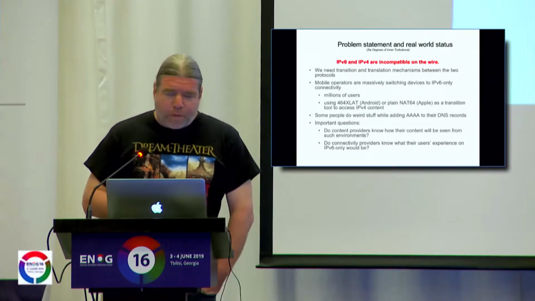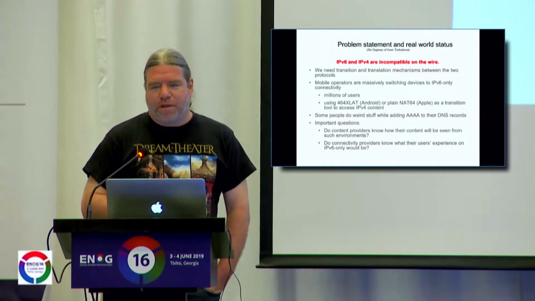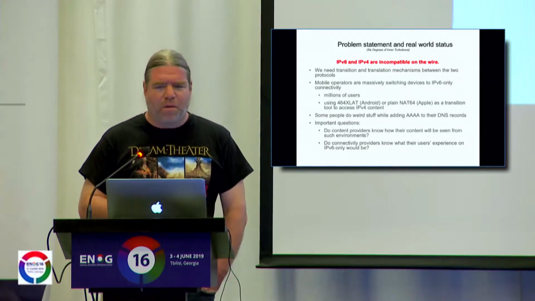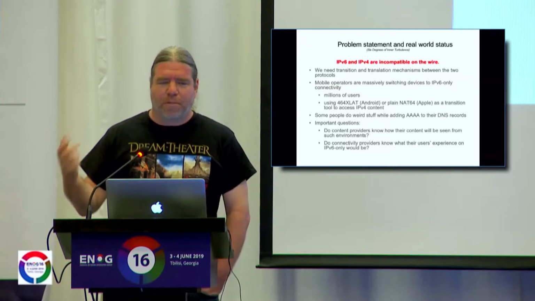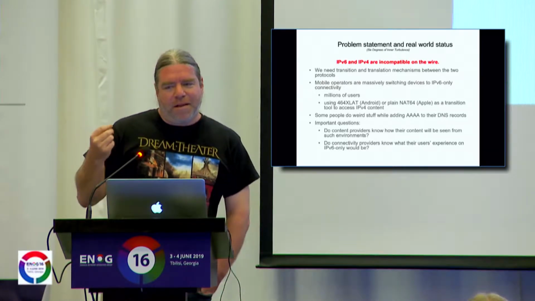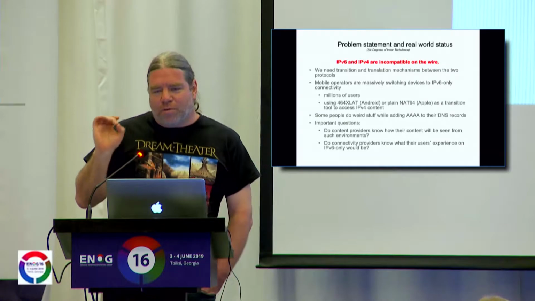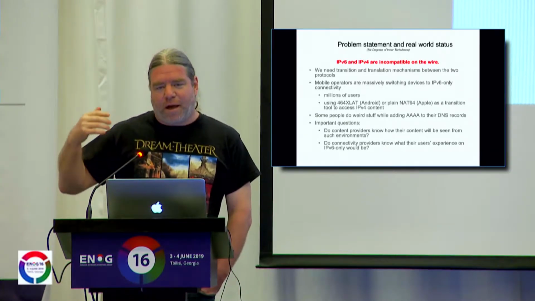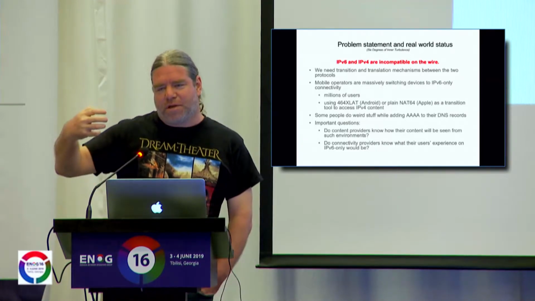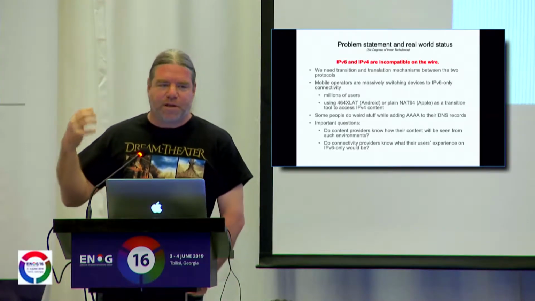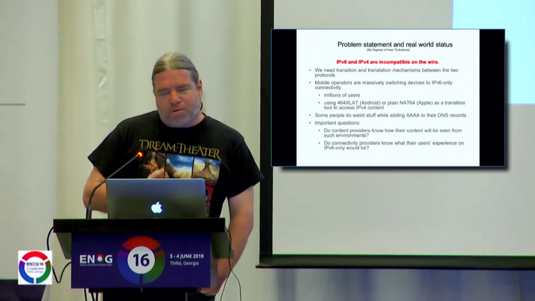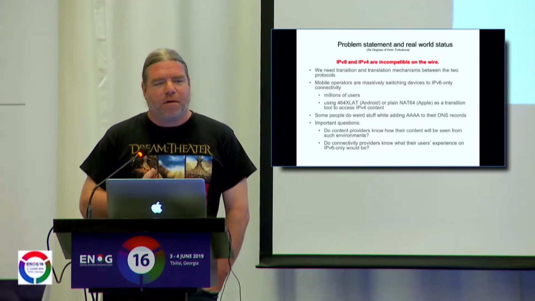For example, T-Mobile USA, I think, has more than 100 million mobile phones on IPv6-only. These phones sometimes also need access to IPv4 content, and then they put this NAT64 translation device in between. Also, some people do weird stuff.